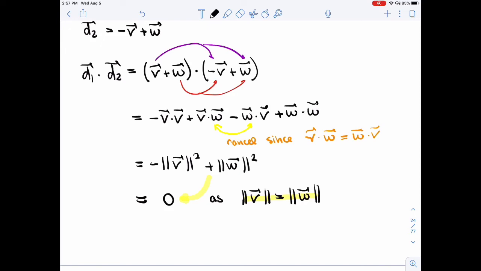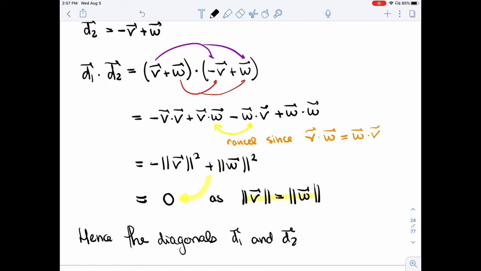All right, so D1 dot D2 gives me 0, and so the diagonals D1 and D2 are perpendicular.